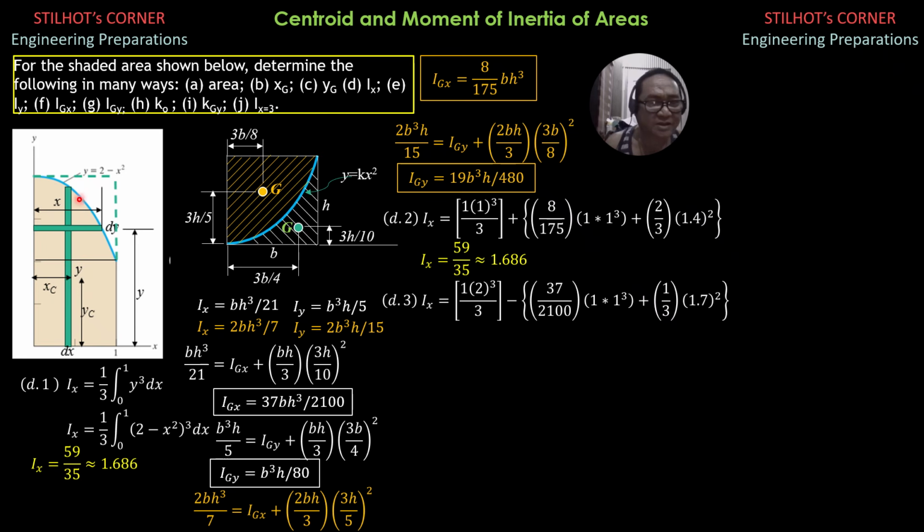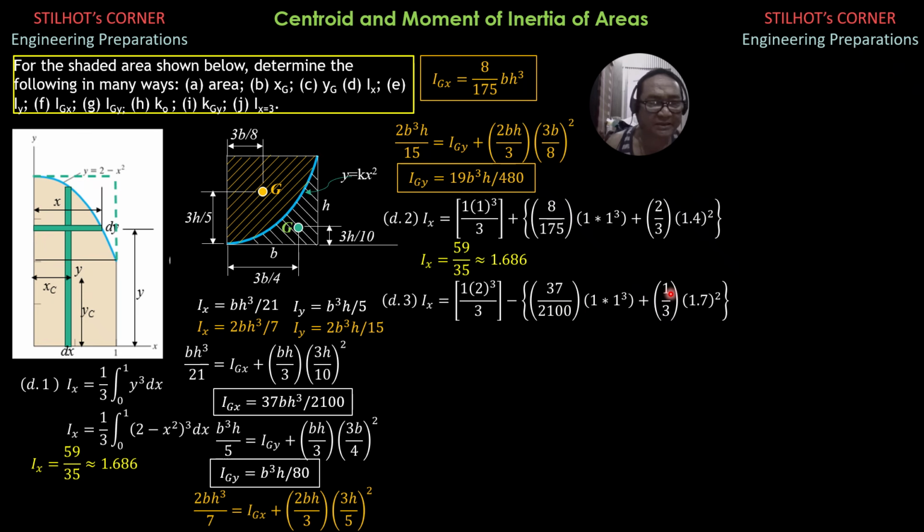Then minus, we transfer the centroidal moment of inertia of this spandrel: Igx 37 over 2100 times 1 cubed, plus area 1/3.